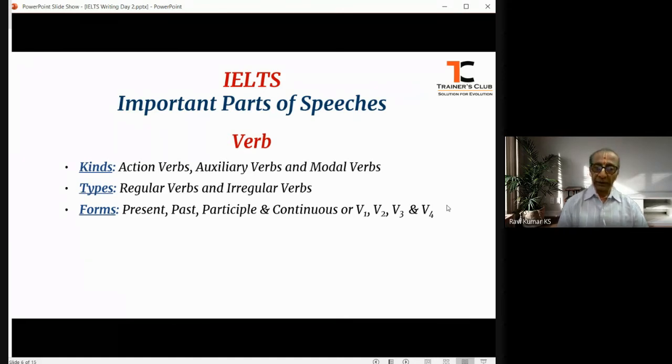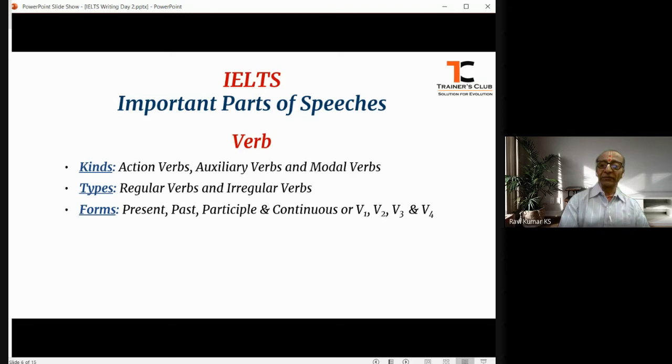Clear? The forms of verb are present, past, participle, and continuous. That is, both present and past, with the prefix simple, are called simple. Simple, continuous, perfect, and perfect continuous it will be.